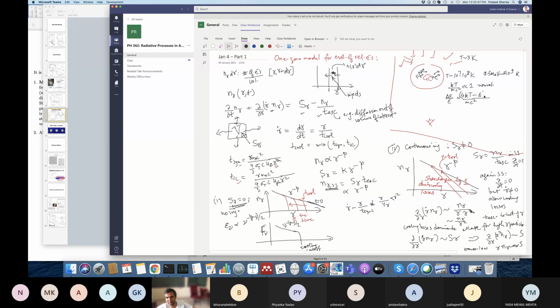You had this expression when we did Comptonization, but this epsilon corresponds to 3 Kelvin while kT is 10 to the 7, so you can ignore it. In a single scattering, this is the change in energy divided by energy, which is still less than 1 because kT by mc squared is small: mc squared is 5 times 10 to the 9, kT is 10 to the 7, 10 to the 8.